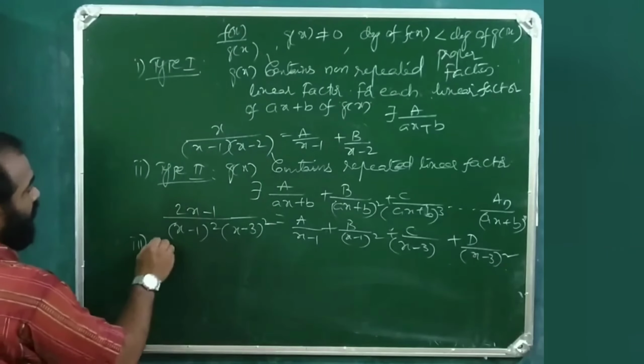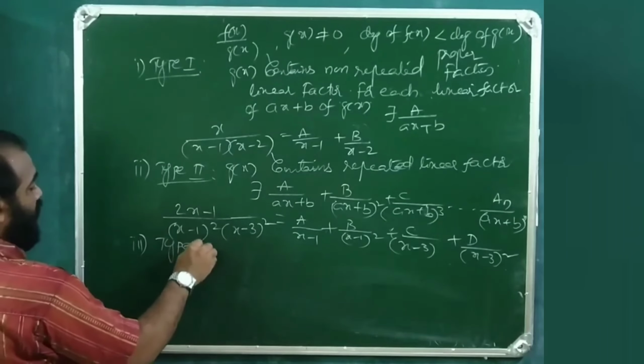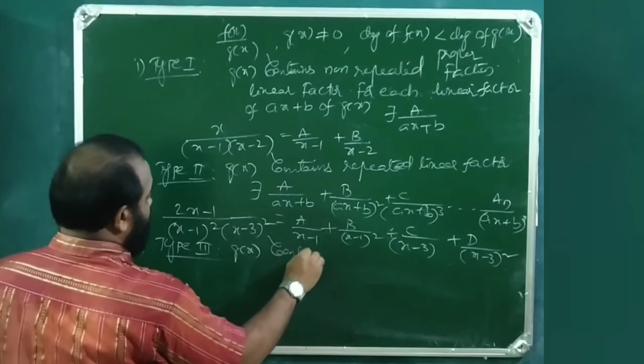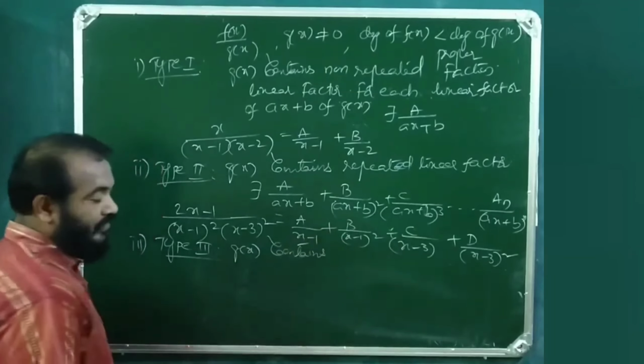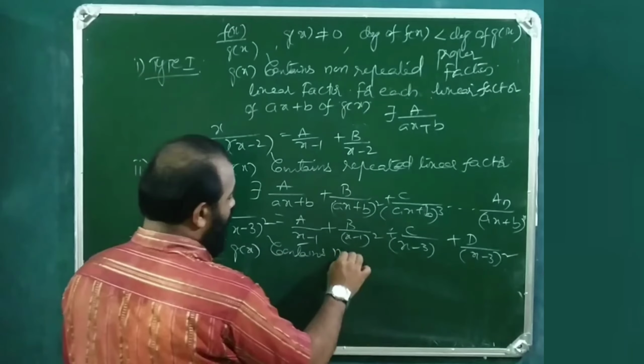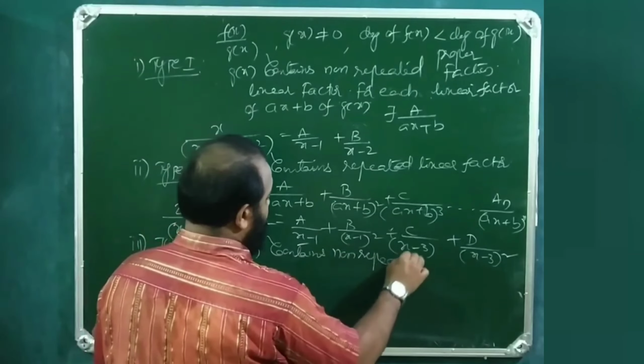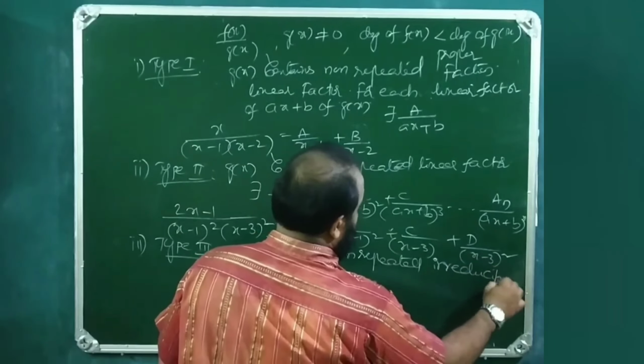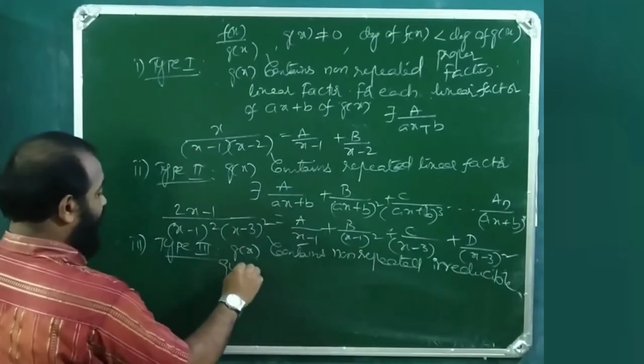Third one, g of x contains a non-repeated irreducible quadratic factor.